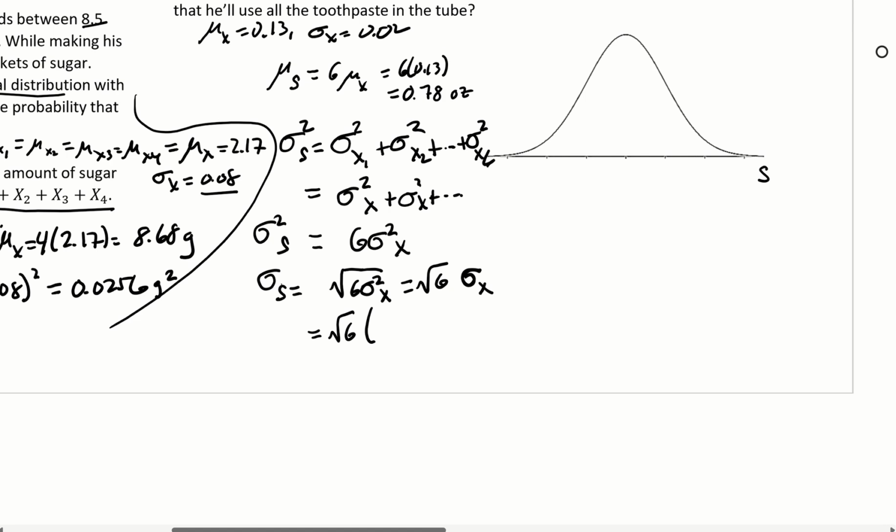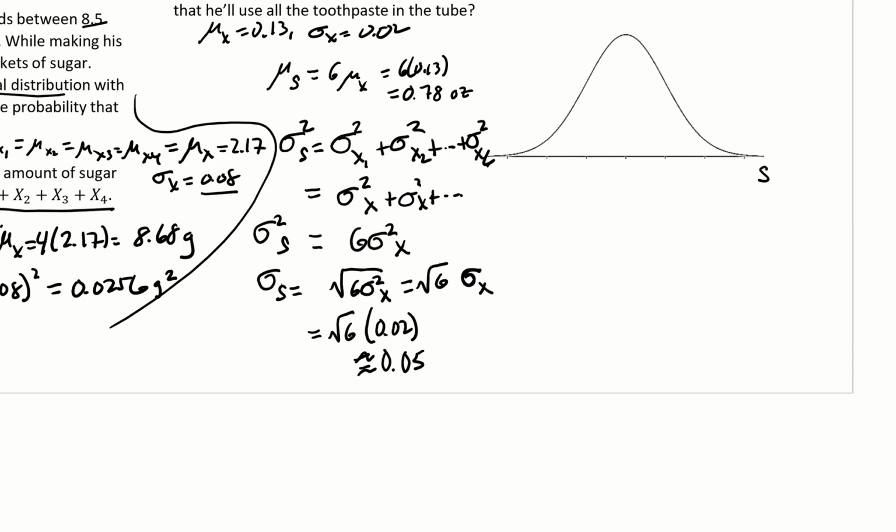All right, so sigma x is 0.02, and we're going to do this calculation times 0.02. We get 0.049, around there. Let's just round it to 0.05, approximately, because it makes it a little easier.